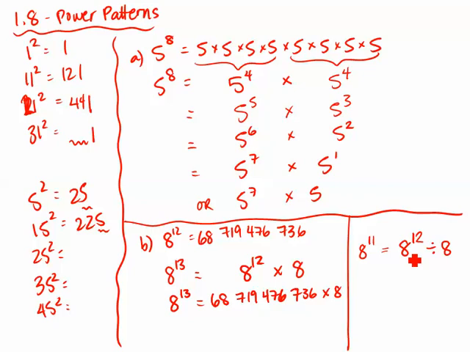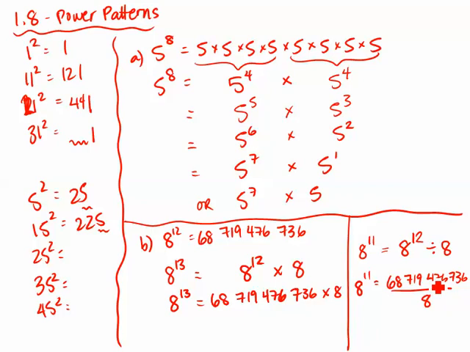So if I take away one of those exponents, that means now I'm actually dividing by 8. So that means 8 to the 11th will be this 68,719,476,736, all divided by 8. And that will give my answer for 8 to the 11th.